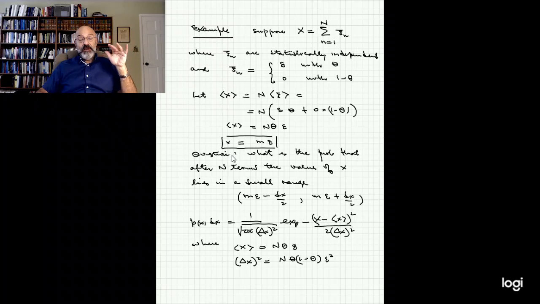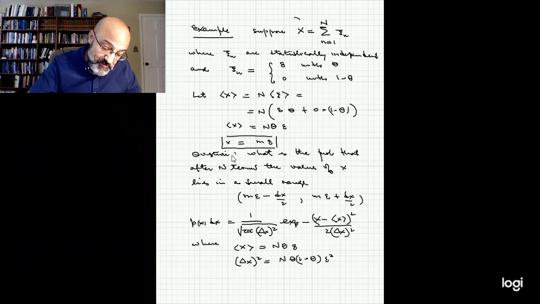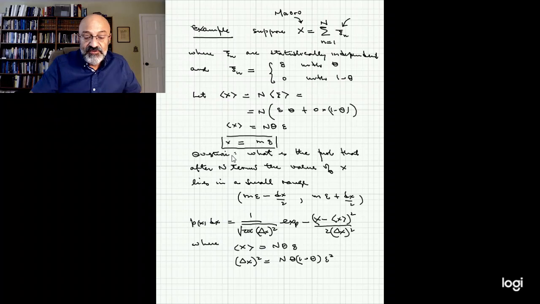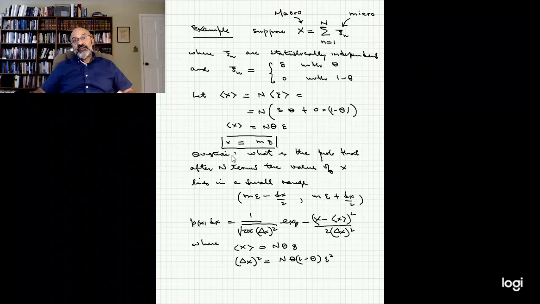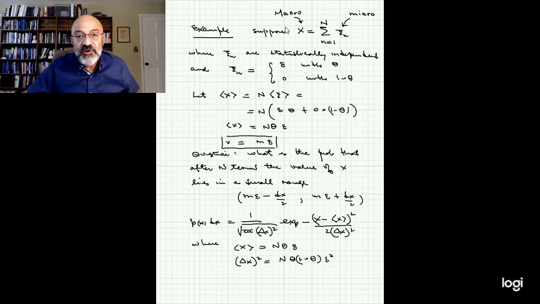Whenever you have a macroscopic variable that's written in terms of a large number of contributions that are of microscopic size, then the distribution for the macroscopic variable is going to be given by a Gaussian.